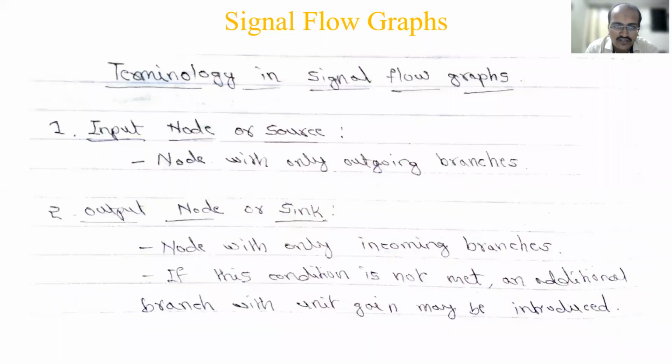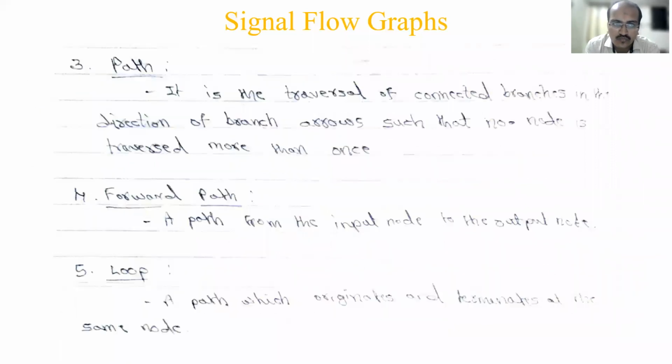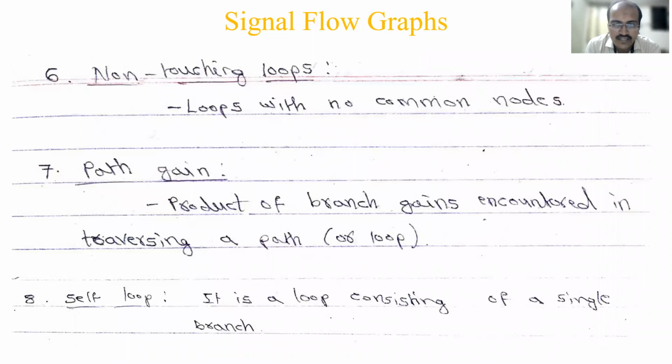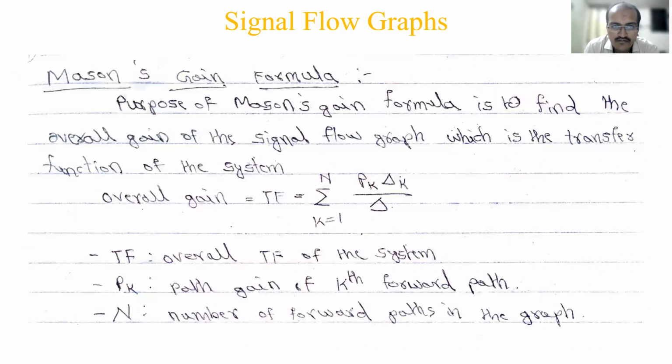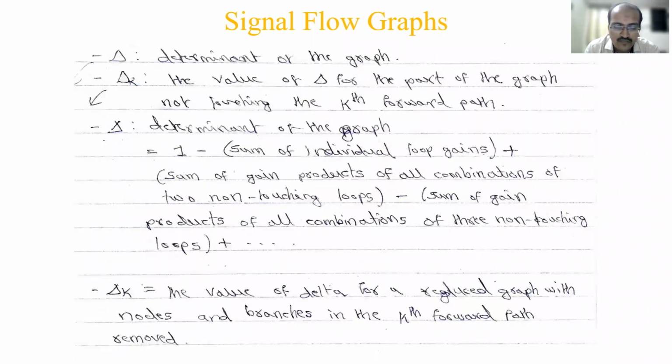Then different terminologies: source, sink, path, forward path, loop, non-touching loops, path gain, self gain. Finally we discussed the Mason gain formula and its terms. Till here we have come. Tomorrow we will take problems and try to solve them using this formula.